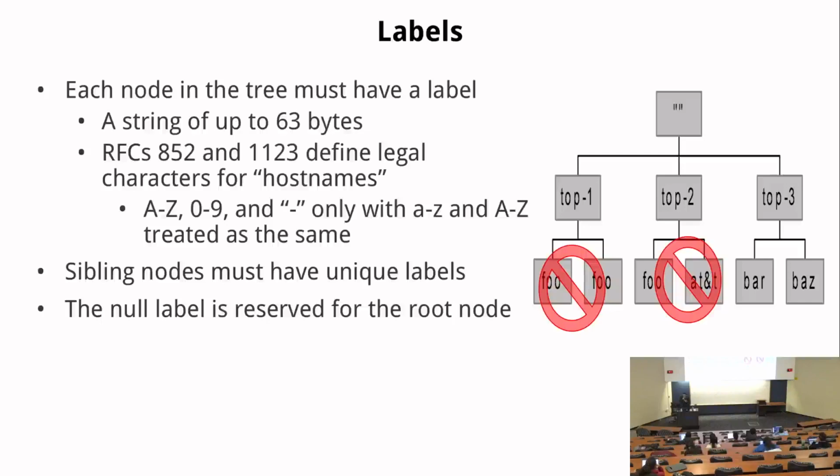There are some rules for this tree structure. First, each node must have a label. The root technically doesn't have a label. Every other node has a label, and a label is a string of up to 63 bytes, and the label can only have English letters, digits, and the dash or hyphen.